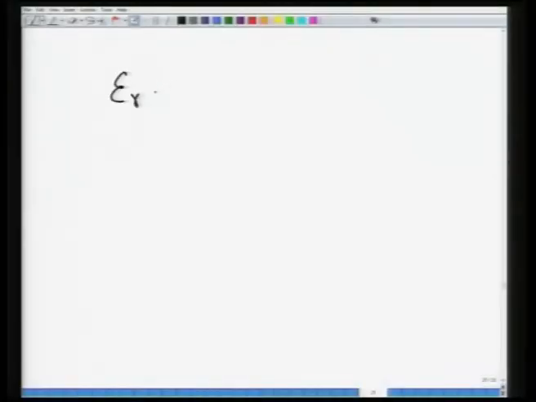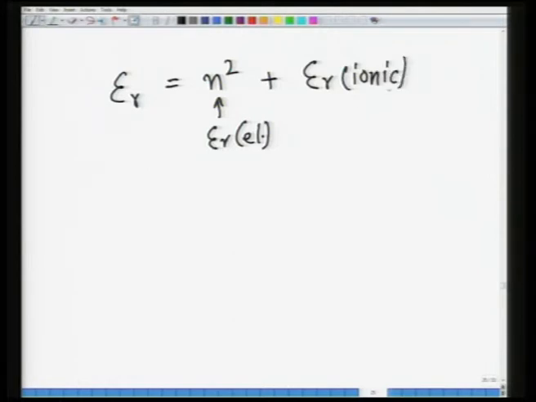So, epsilon r will now be equal to n square, which is nothing but epsilon r electronic plus epsilon r ionic plus epsilon r dipolar.